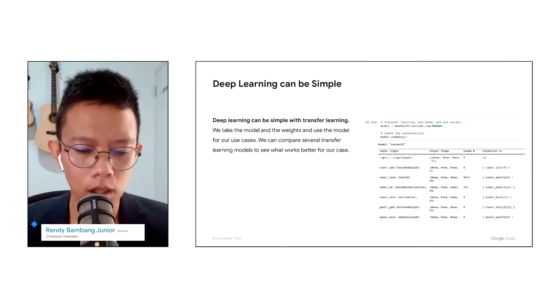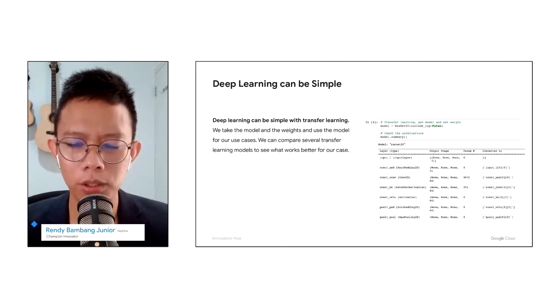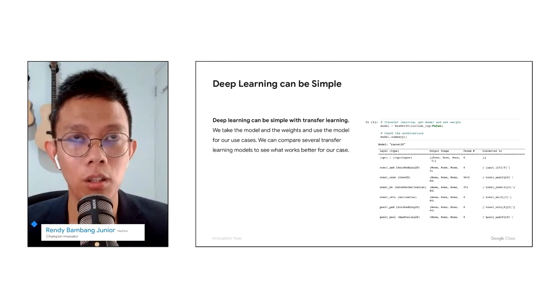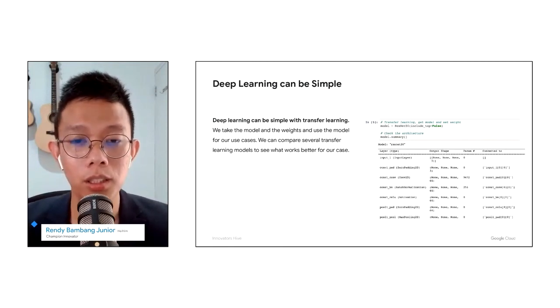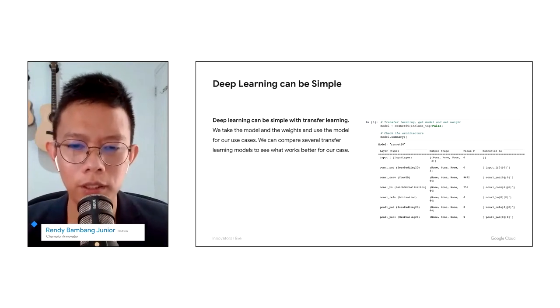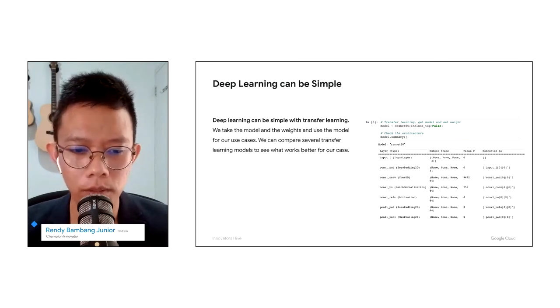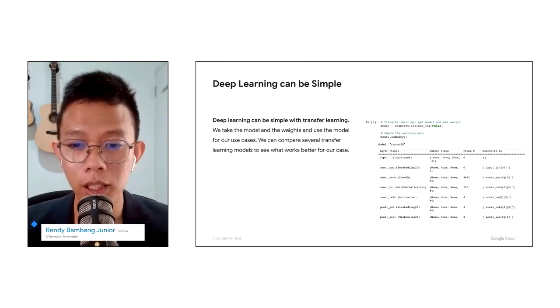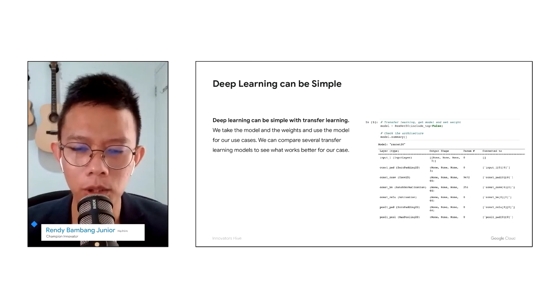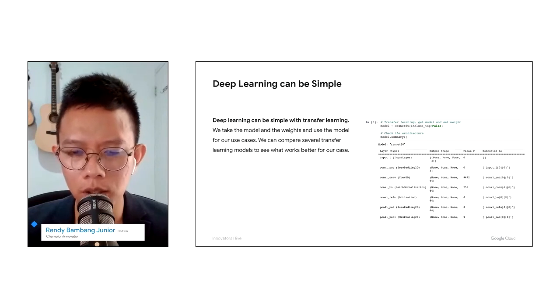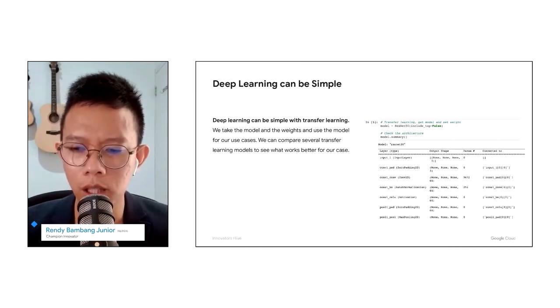Some of you might be discouraged by the complexity of deep learning itself, but since we have transfer learning, you can start and try transfer learning first and see whether it works or not, and start to build your own architecture if it doesn't work, because the trend is going there, right? Using the pre-trained model, try it out, quick and dirty, and see whether it works or not. So if you would like to try something out, then you might want to try transfer learning, right?